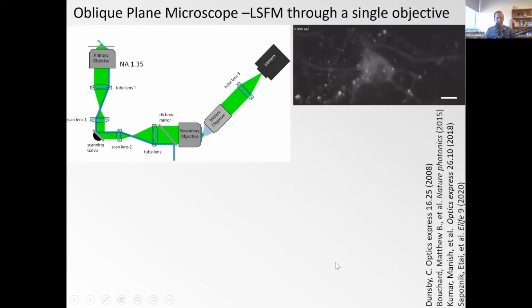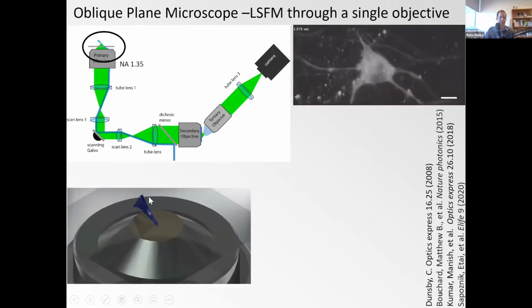So recently, we have become interested in the so-called oblique plane microscope, which essentially does the opposite. Instead of more objectives, it uses fewer for light sheet, at least at the sample end. What is done in an oblique plane microscope is you use a high NA lens.